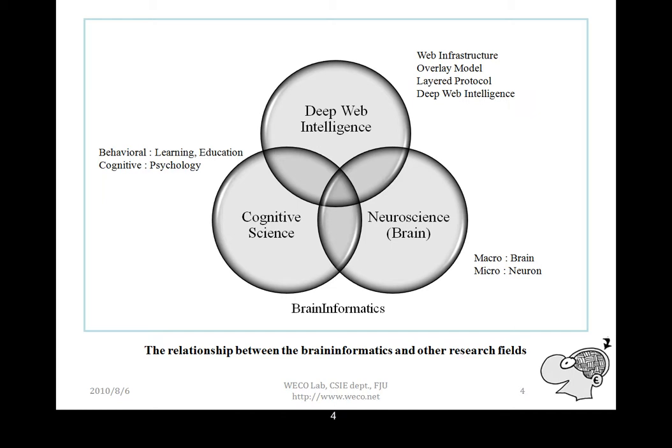At the micro level, the human brain is composed of neurons, and at the macro level we can see the whole brain or different brain regions that connect to each other to form the different functions of the human brain.